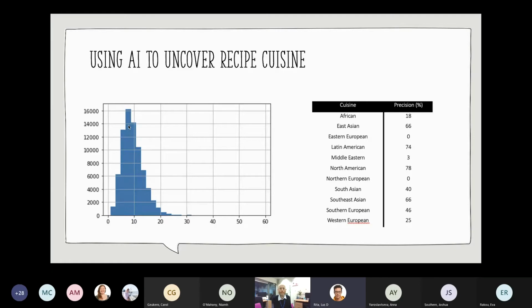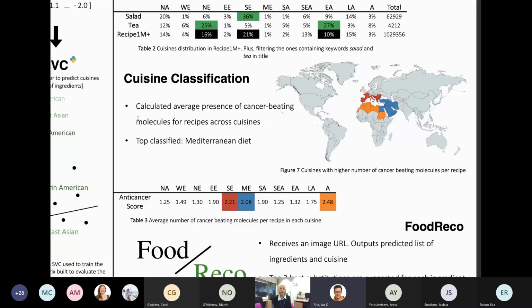And another interesting approach will be for this Recipe 1 Million data set, the one that the ingredients I showed the embeddings of before belong to.